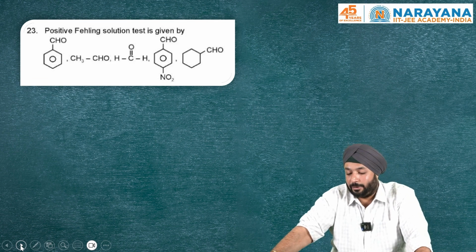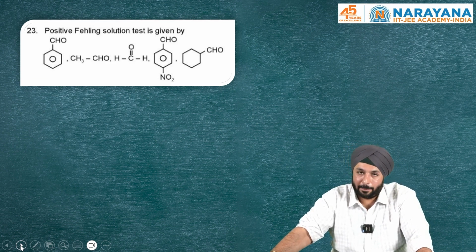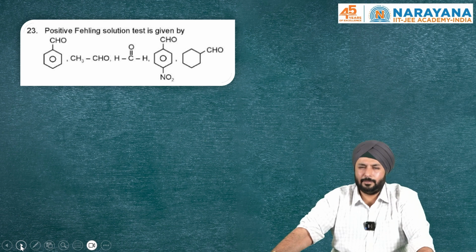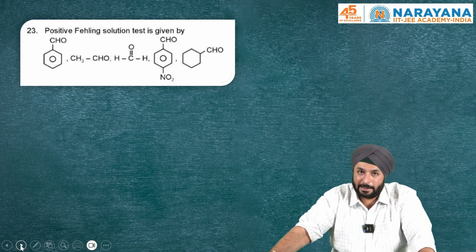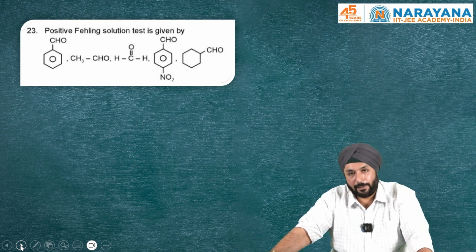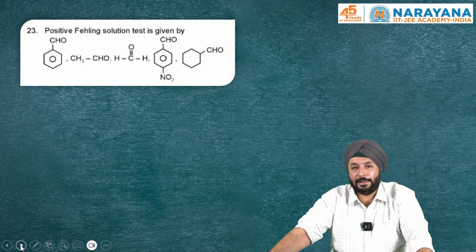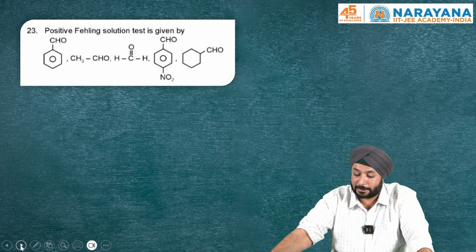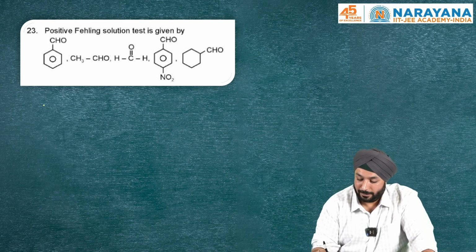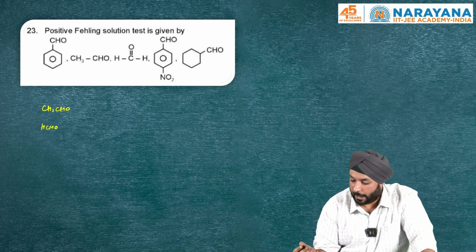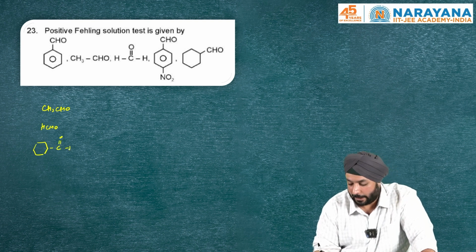Positive Fehling solution test is given by all non-aromatic aldehydes, right? So choose all aldehydes which are non-aromatic. So the answer is supposed to be what? CH3CHO will give, formaldehyde will give, and your cyclohexane carbaldehyde will give.